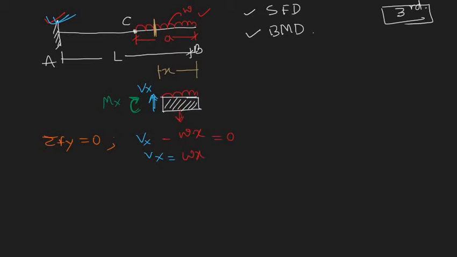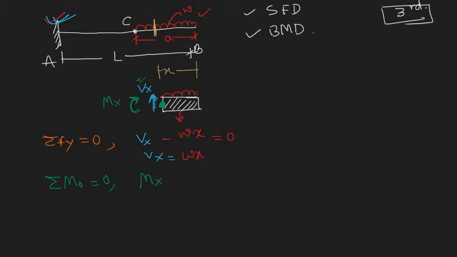The next one is that the net resultant moment for this particular element of the beam is 0. So the summation of moment about this point, let's say this is O, is 0, and we are considering clockwise moment as positive. Here you can see there is no moment due to the shear force because it is passing through this point.